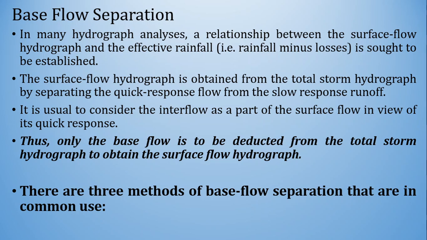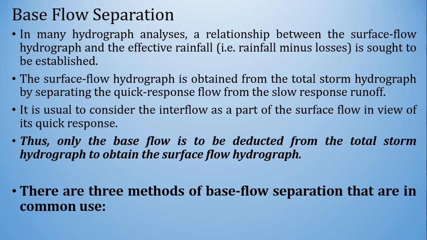It is usual to consider the interflow as a part of surface flow in view of its quick response. Thus, only the base flow is to be deducted from the total storm hydrograph to obtain the surface flow hydrograph.